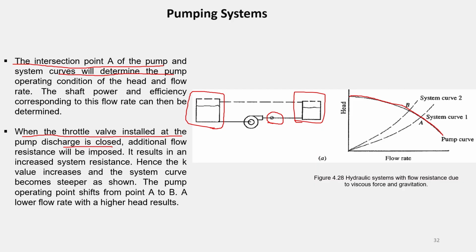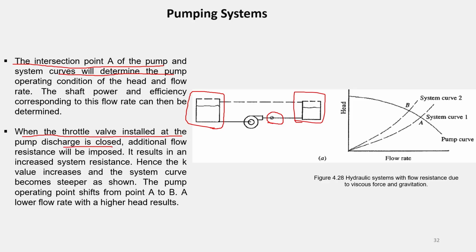When the throttle valve is open, like for example partially open, or it doesn't matter, but if it's open, then the system curve will be this, okay. When you close the throttle valve, then the system curve will go up toward the low flow rate, right? So the intersection point will be shifted from A to B.